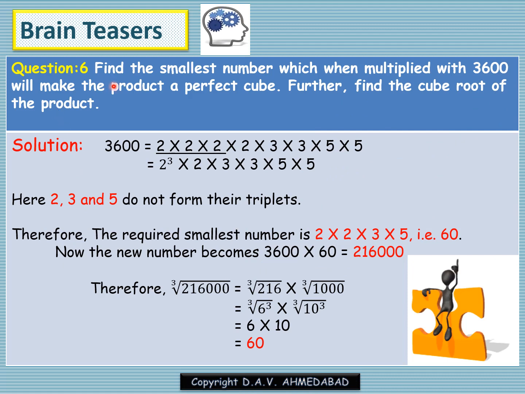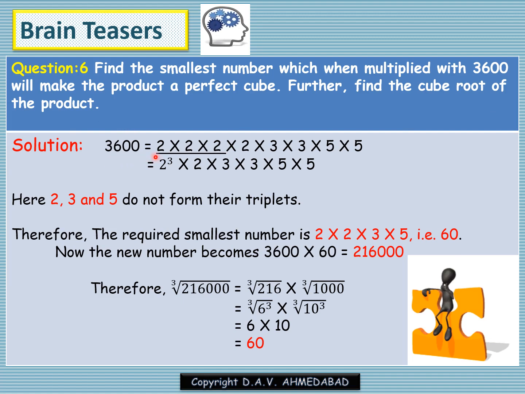Question number 6 is, find the smallest number by which when multiplied with 3600 make the product a perfect cube. Further, find the cube root of the product. So first we will calculate prime factors of 3600.